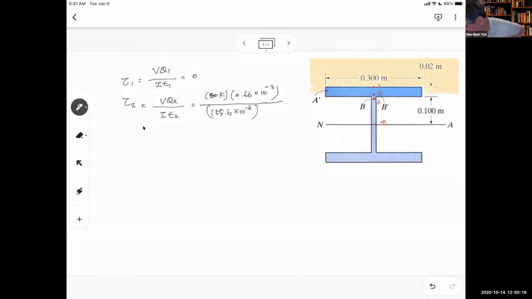And T2, what is the T2 here? 0.3, correct? It is not.